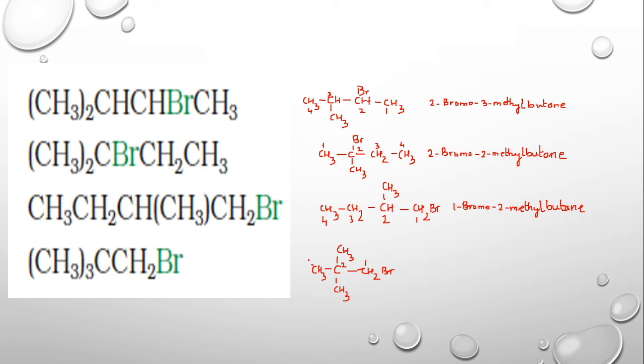Select the longest continuous chain containing halogen atom. Okay, so the name is going to be 1-bromo 2,2 dimethyl propane.